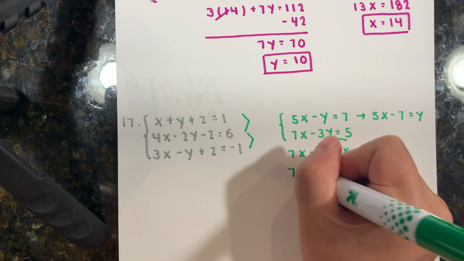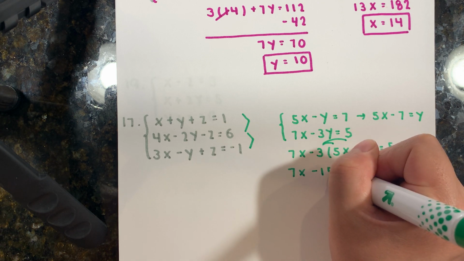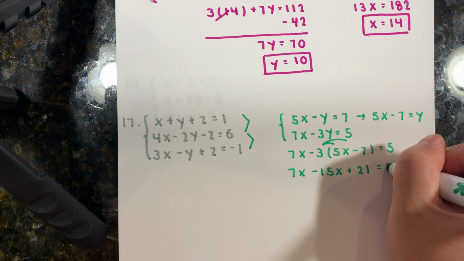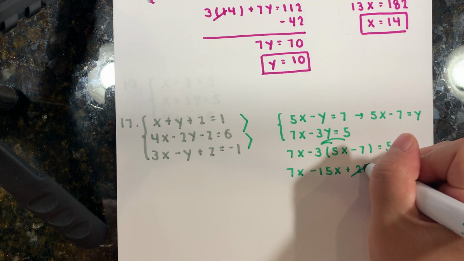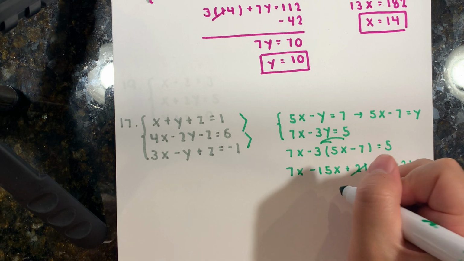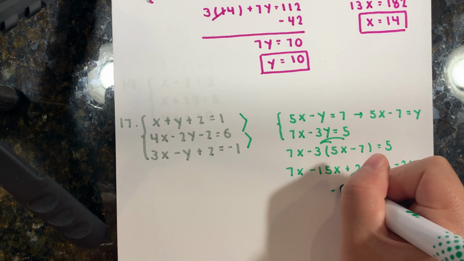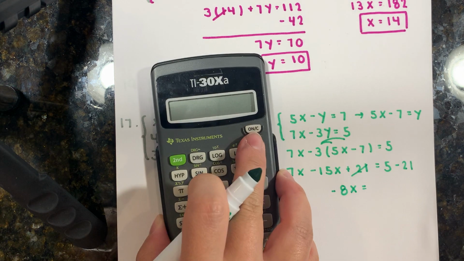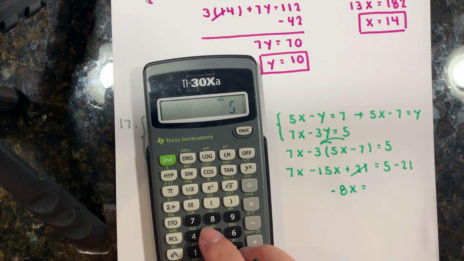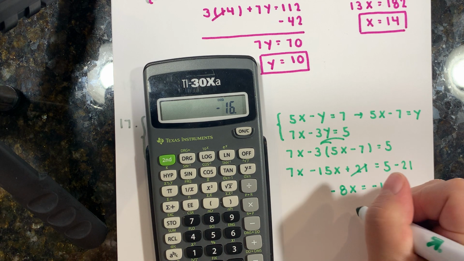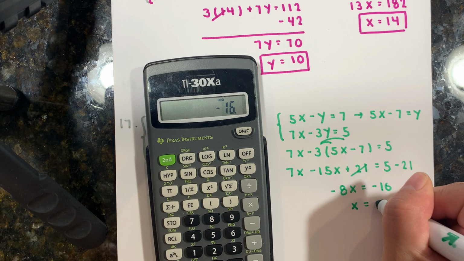Distribution gives me 7x minus 15x plus 21 equals 5. Move the 21 over, and we get negative 8x is equal to negative 16, so x is equal to 2.